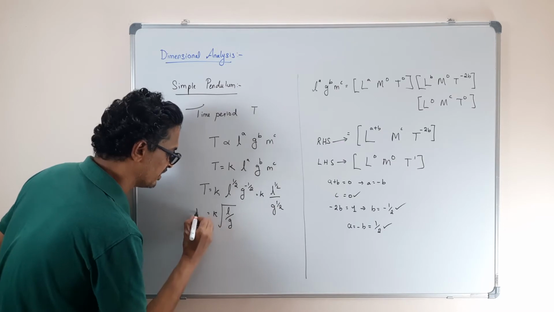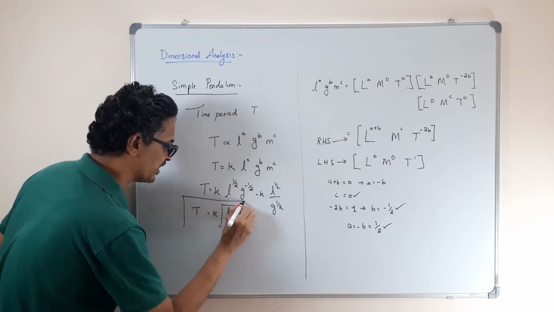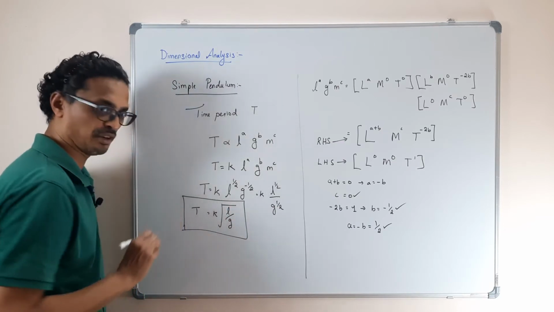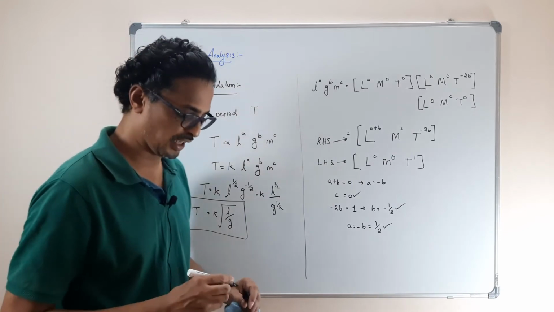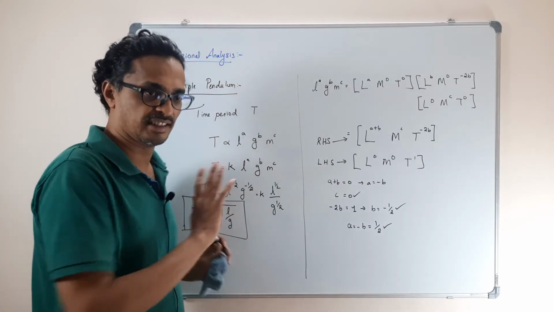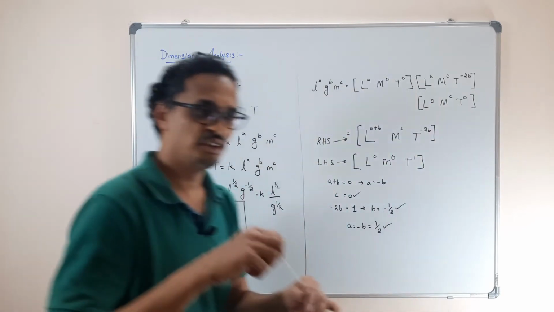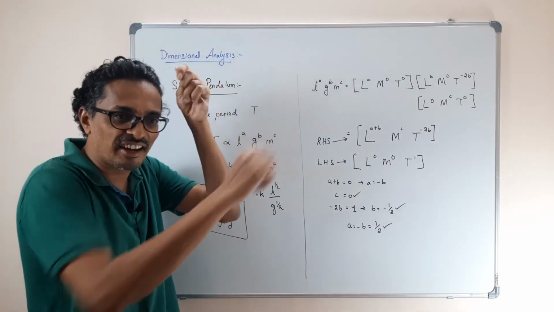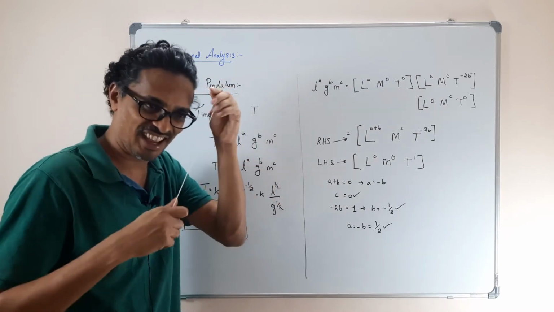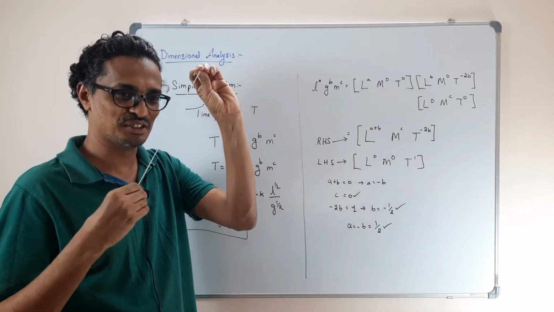This is the formula for the time period of a simple pendulum. And if you actually do the experiment, this will be the exact formula. Even though you hang a mass on this thread and do oscillation, the time period is not going to change.